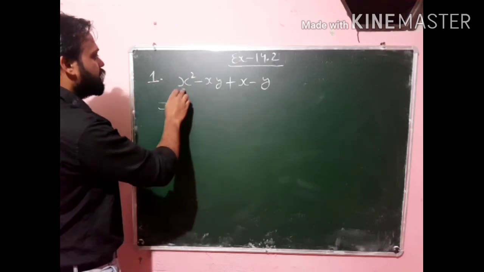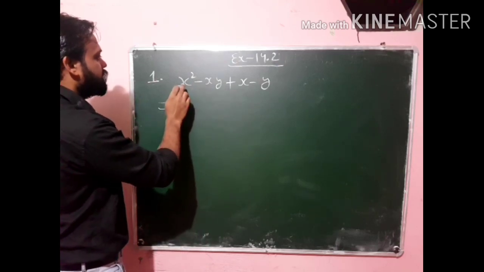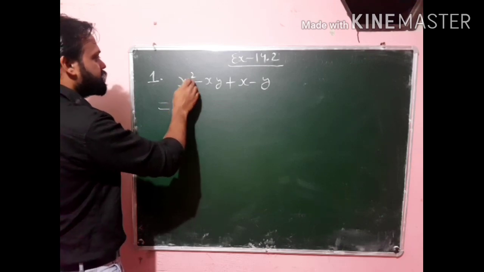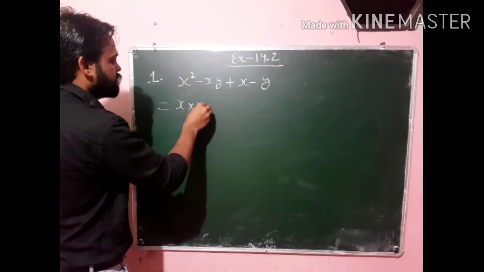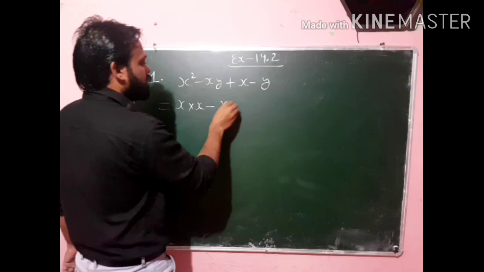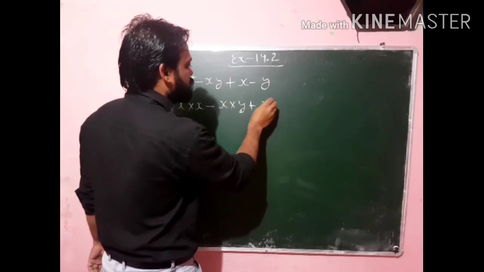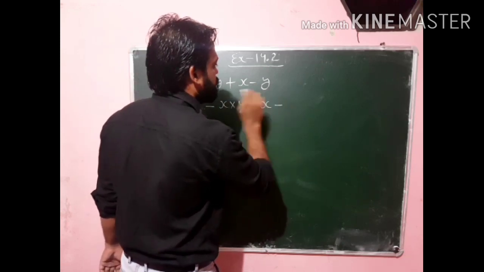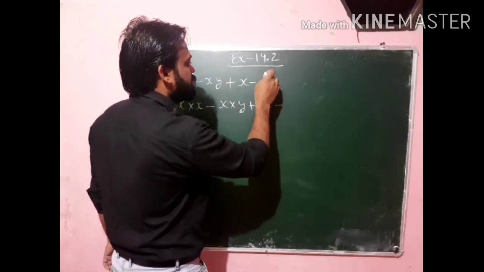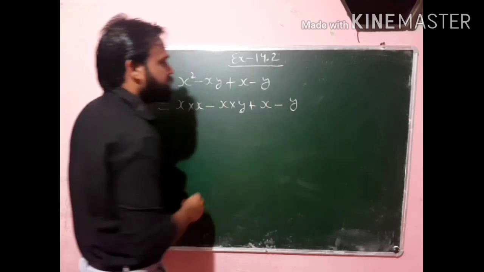So x raised to power 2 is x into x, then minus x into y, plus x, which is only a single term, so write x as it is, and y is also a single term, so write y as it is.